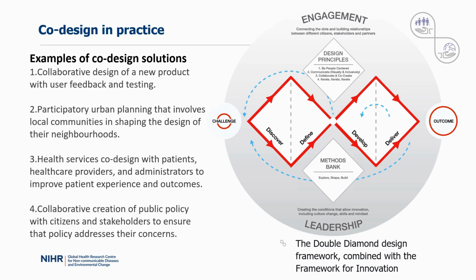Now, when co-designing an intervention, there are various approaches that you can take, but a common approach is the double diamond design framework, which has 4 different phases: discover, define, develop, and deliver. So the discover phase is the divergent phase where you're considering many different ideas, and following this is the convergent phase, define, when you are using some different approaches to select some core ideas.